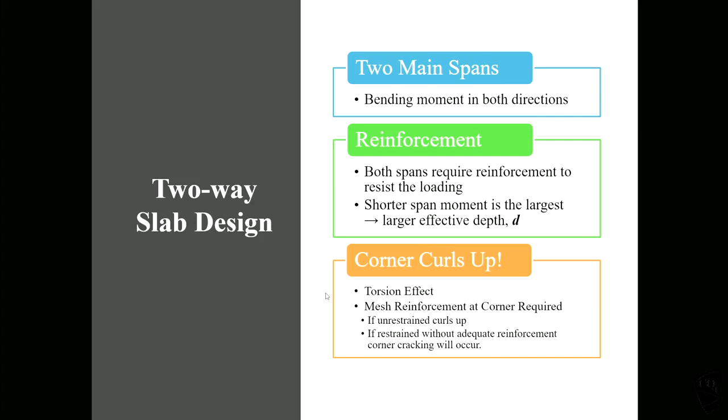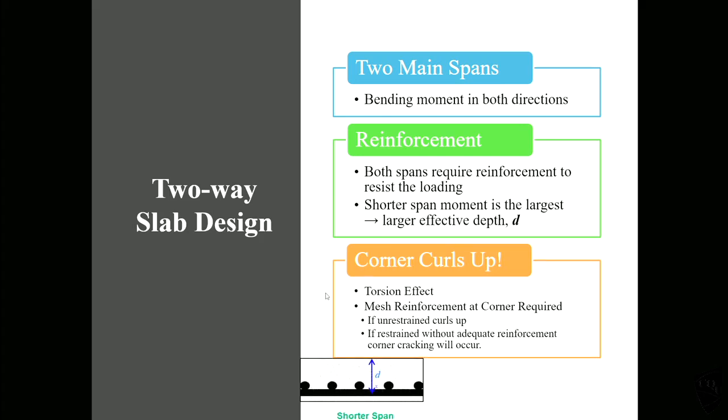You need to do the same thing as we did in the one-way slab, but in both directions. For corners, we need extra reinforcements due to torsional effect. They said you need to put some additional reinforcement in mesh format. So we'll talk about that in detail.